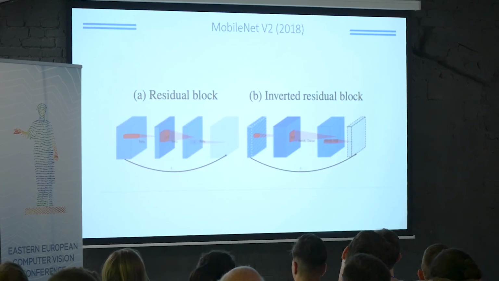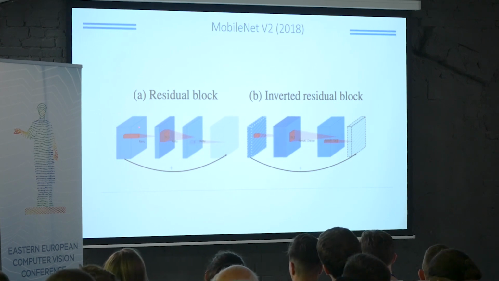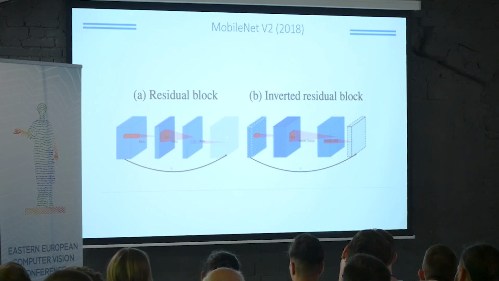And one of the recent papers is MobileNet version 2. It introduced the inverted residual block. So the standard idea is that you have the input tensor, do compression of input channels, then apply spatial convolution, and then you expand it.